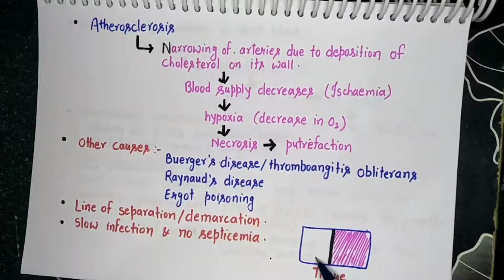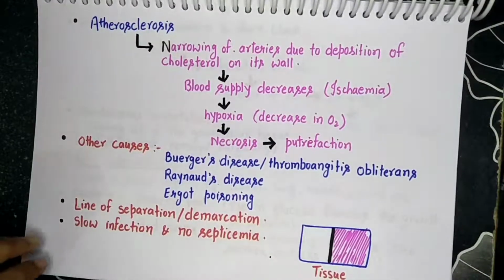So, in case of dry gangrene, you can easily differentiate the normal tissue from the necrosed tissue. Thus, here there will be slow infection because there is a clear line of demarcation. There will be a slow infection process, and chances of septicemia also decrease. Septicemia means bacterial infection in the blood.